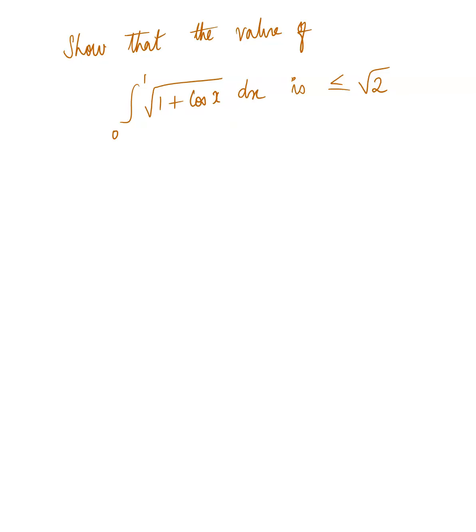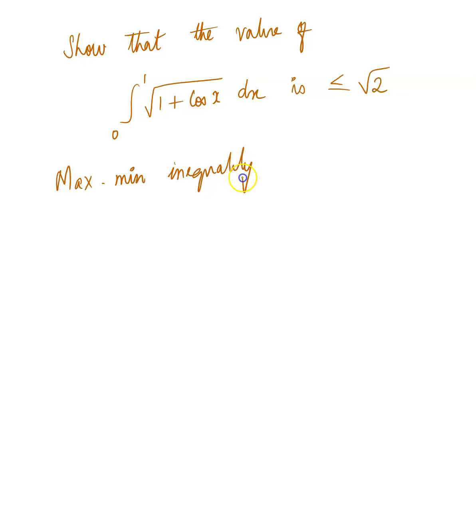Show that the value of integral 0 to 1 square root of 1 plus cosine x dx is less than or equal to square root of 2. Now, when you have this inequality, I'm naturally drawn to the max-min inequality rule.